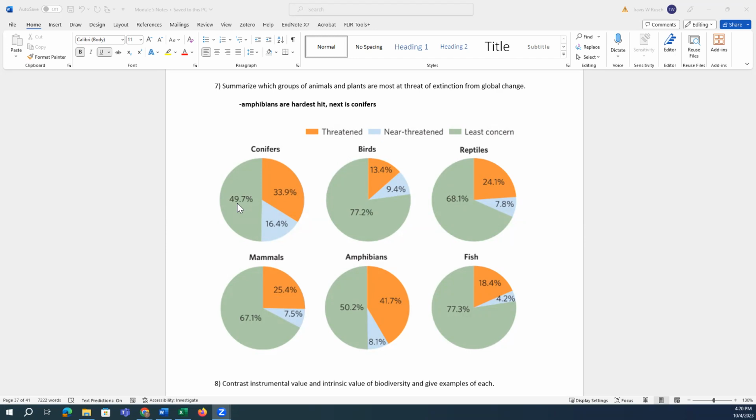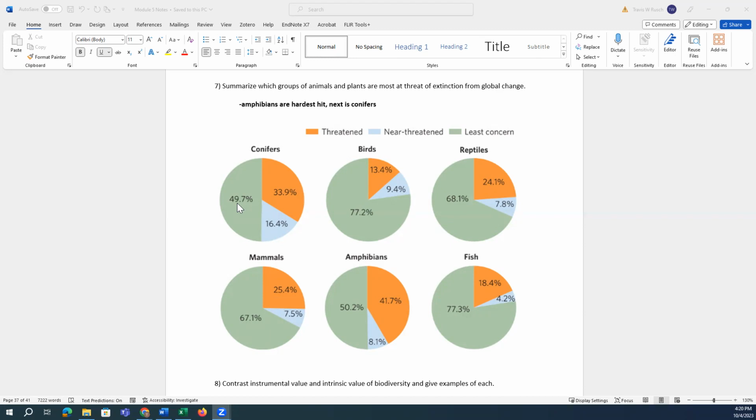Because it looks like there is 77.3%, which is the largest, and then only 18% is threatened versus 41.7 or 25.4, and near threatened is only 4.2% compared to.